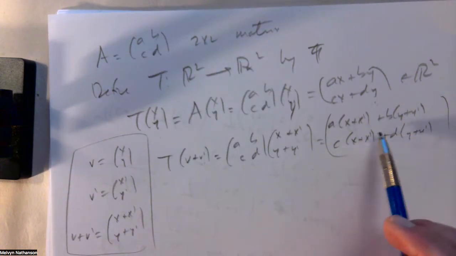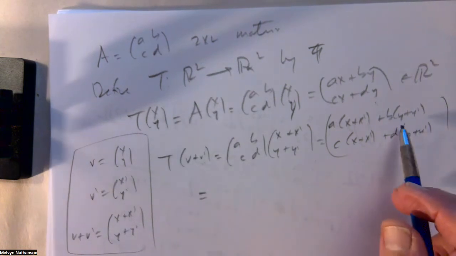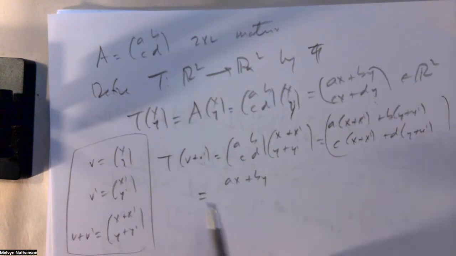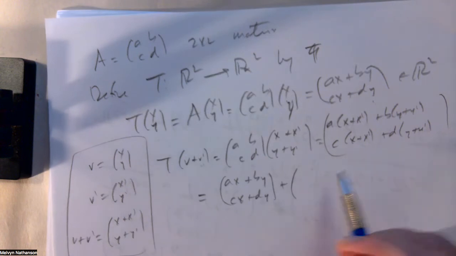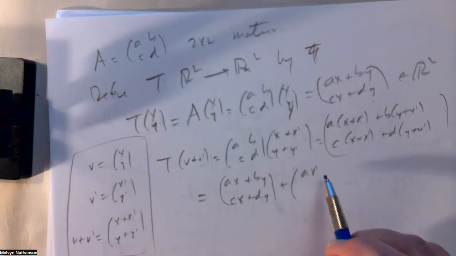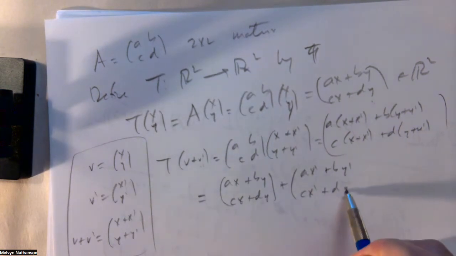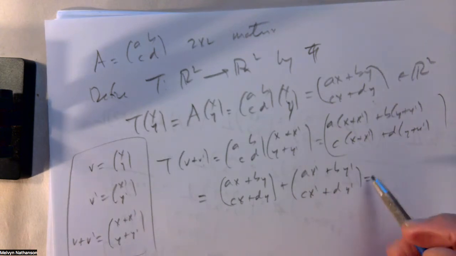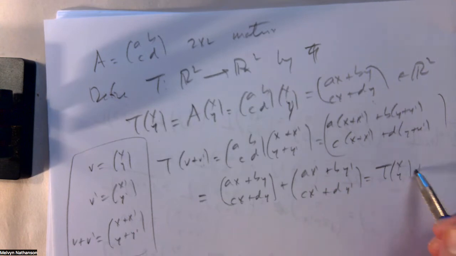This is not a matrix anymore, this is just a vector. But I can write this as a sum of two vectors. That's (ax plus by, cx plus dy) plus (ax' plus by', cx' plus dy'). But this is exactly T of (x, y), and this is exactly T of (x', y').